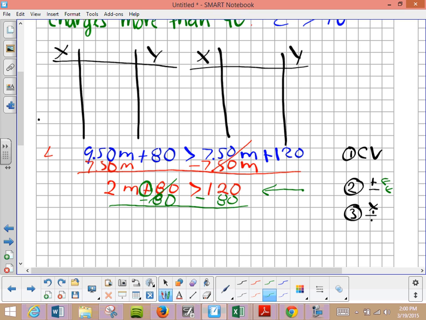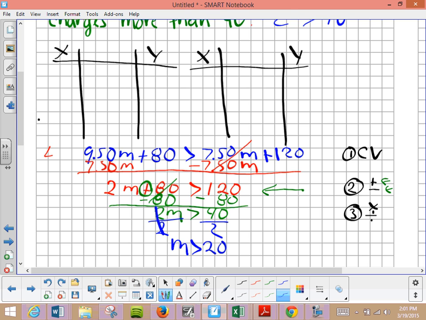That gives me 0, so the 2m comes down. That's greater than 40. Then it says you divide or multiply. So we're going to divide because it's multiplying. M is greater than 20.